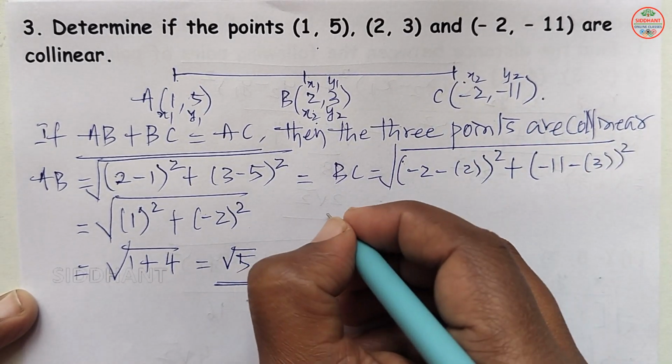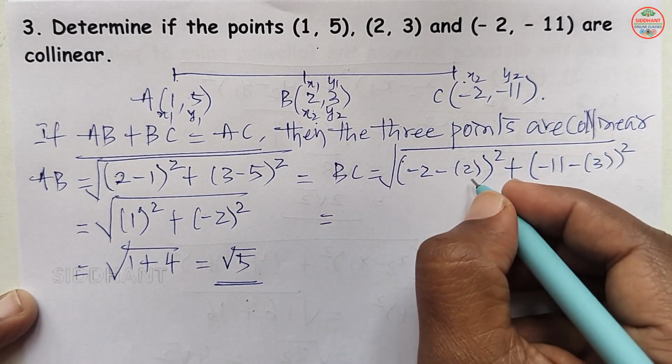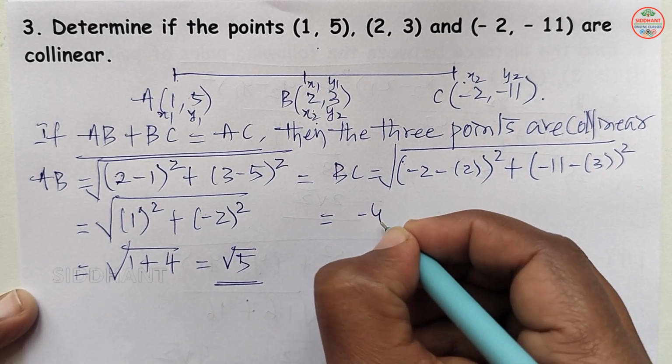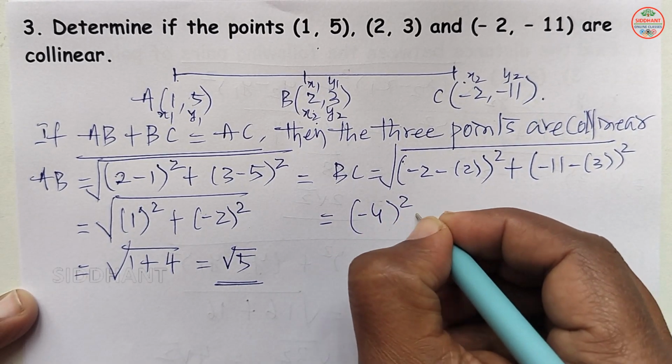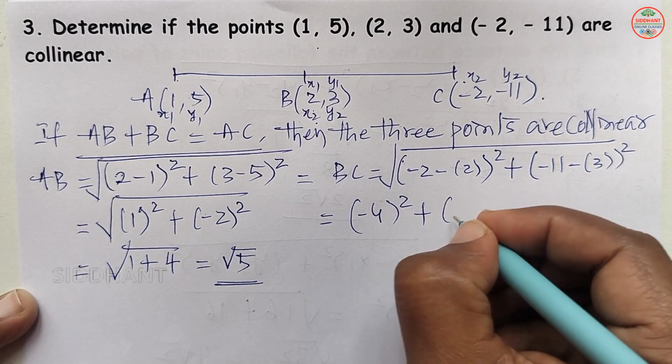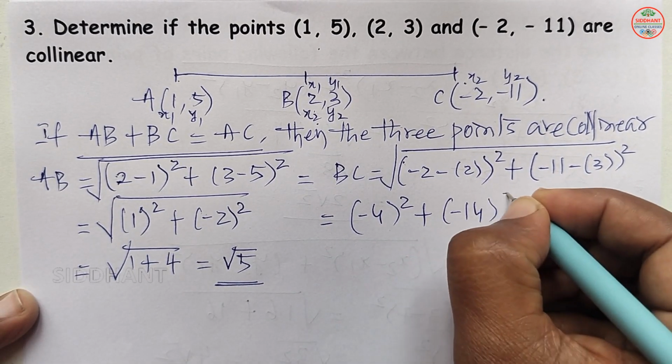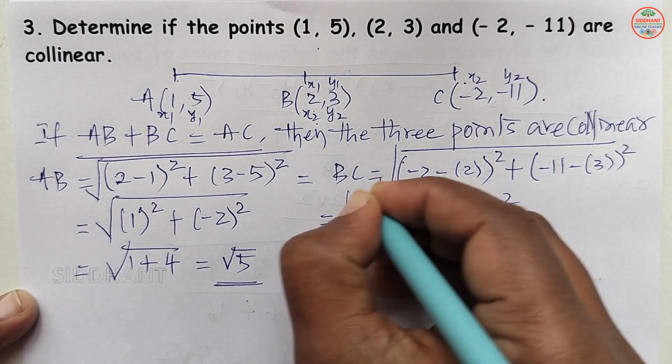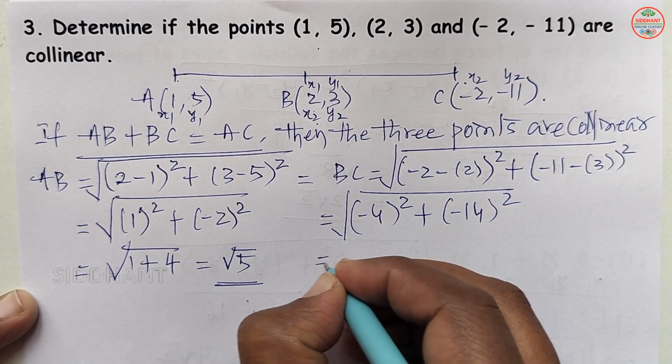This is the square root. So now minus 2 minus 2 is minus 4 whole square, plus minus 11 minus 3, that will be minus 14 whole square. So that will be in the square root.